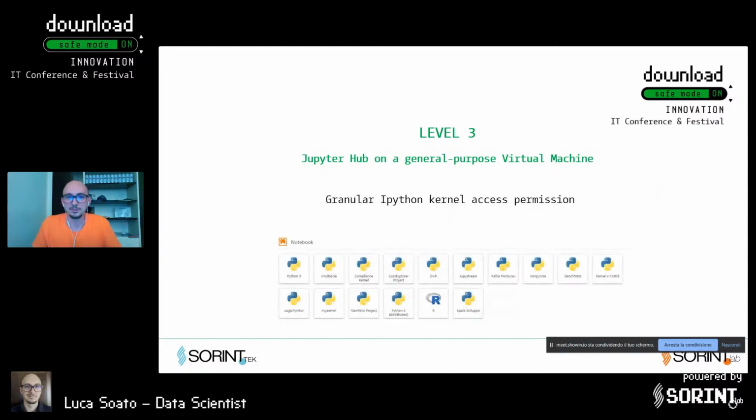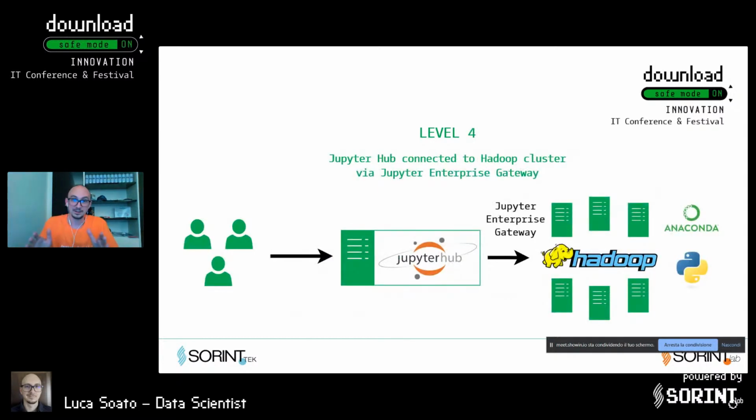Well, here we can see the Python kernel access permission. We connected the JupyterHub to the Hadoop cluster with the Jupyter Enterprise Gateway. We managed to connect it with this tool that was developed by IBM, and it lets you connect with a layer of permission to the Hadoop cluster.